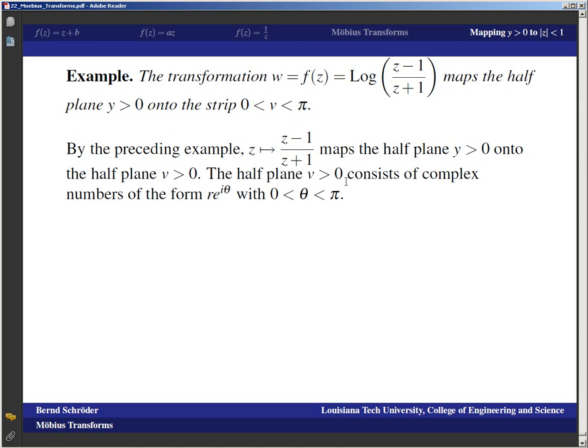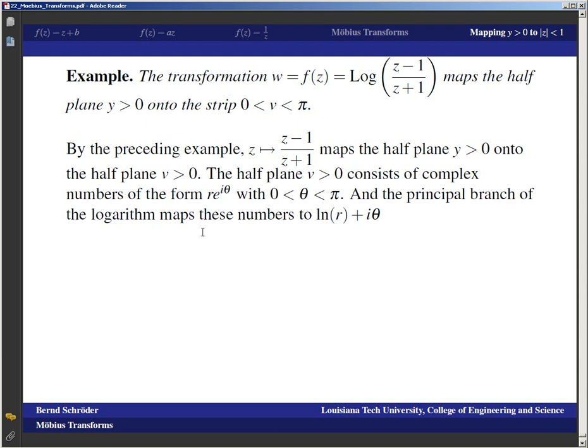The half plane v greater than 0 consists of numbers of the form r e^(i theta), where theta is between 0 and pi, and the principal branch of the logarithm maps these numbers to ln r plus i theta, and that is, it maps the half plane to the strip 0 smaller v smaller pi, and because ln r is always greater than 0, we don't map it to the whole strip, we just map it to the right half of that strip. So it really isn't a function that is onto. Give me a second here.